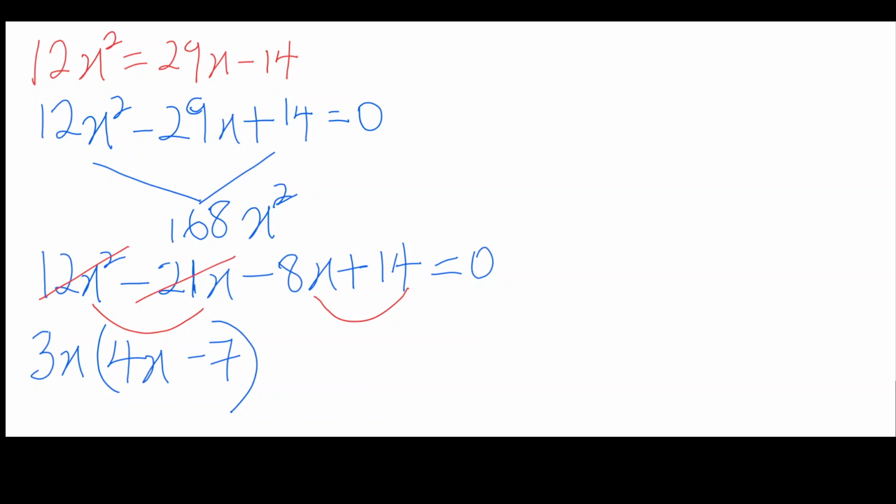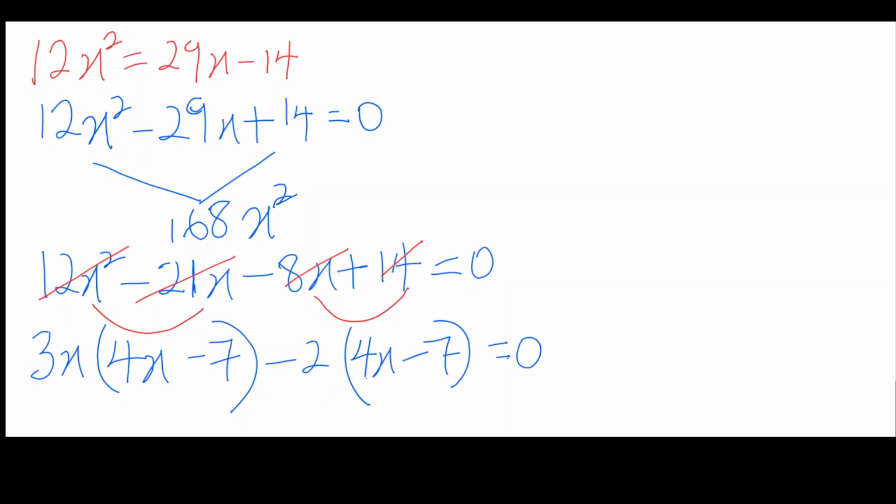Then we look at what is common between negative 8x and 14, and of course we're using negative 2 here. So we have minus 2, then we open a bracket: minus 2 in minus 8x is plus 4x. Since I have 4x here, minus 2 in 14 gives me minus 7 also. Then everything equals 0.